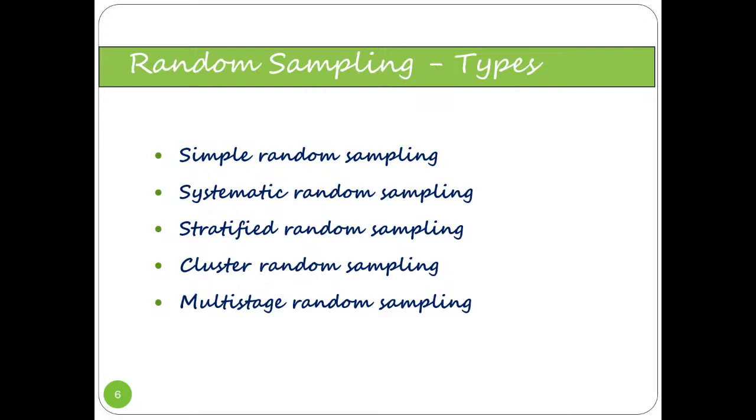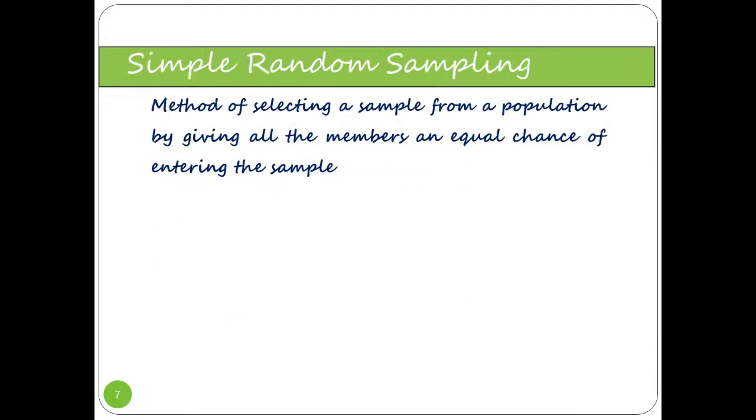There are many types of random sampling, but these are the major types: simple random sampling, systematic random sampling, stratified random sampling, cluster random sampling, and multi-stage random sampling. Okay, so we'll start with simple random sampling.